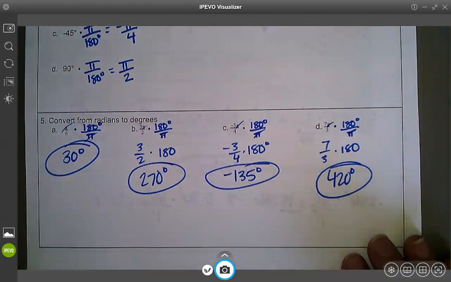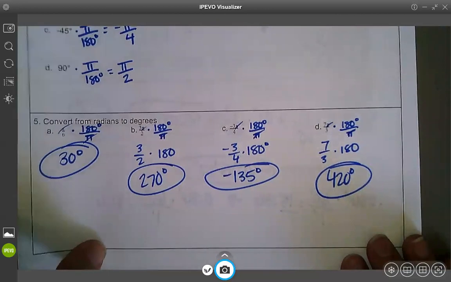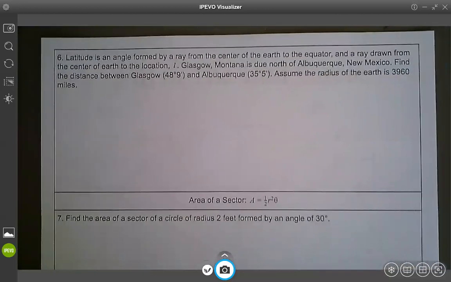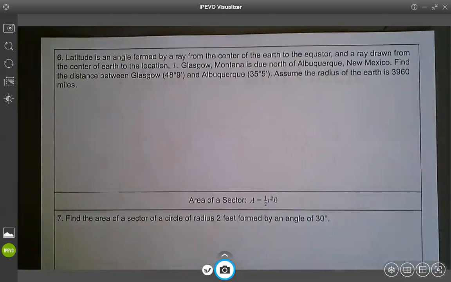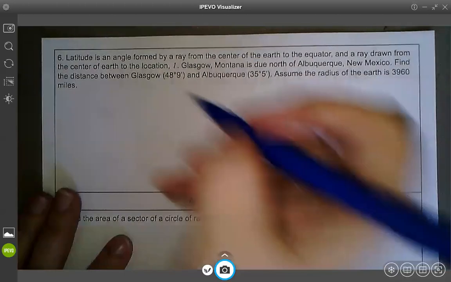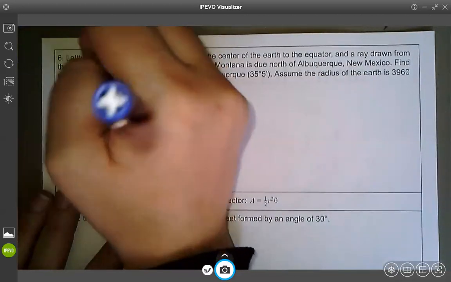All right, we're going to look at one of the degrees, minutes, seconds problems. Number 6, latitude is an angle formed by a ray from the center of the Earth to the equator and a ray drawn from the center of the Earth to the location. So what we've got here is a circle.